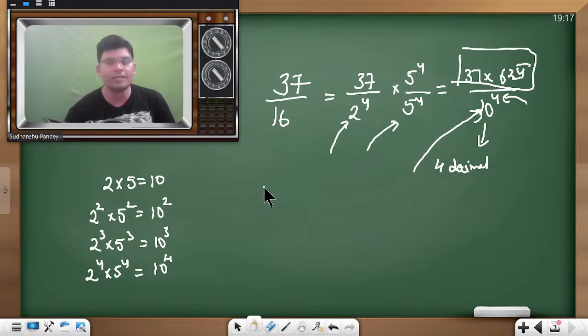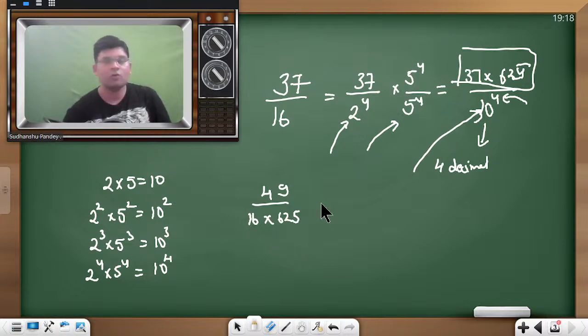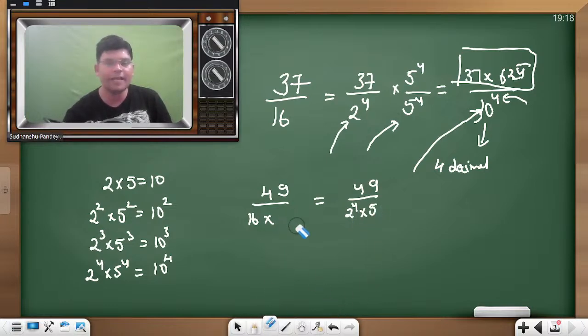Suppose the question is 49 divided by 16 into 625. This can be written as 49 divided by 2 to the power 4 into 5 to the power, instead of 625, write 3125. So 5 to the power 5. So how many decimal places will be there? I need to make it 10.